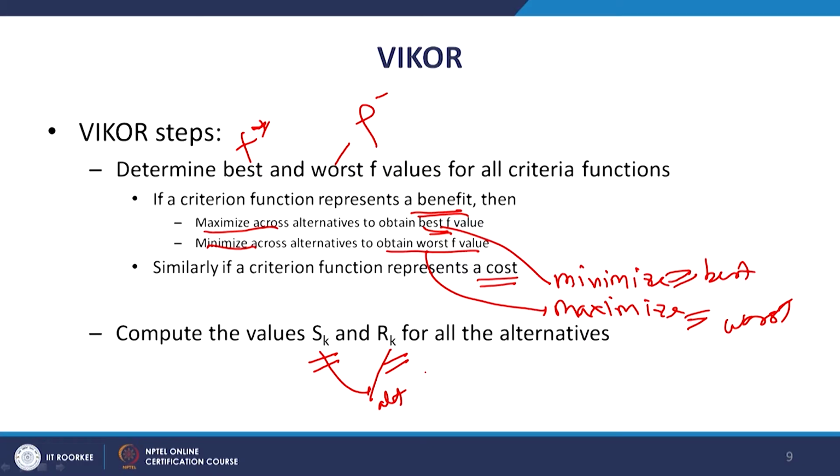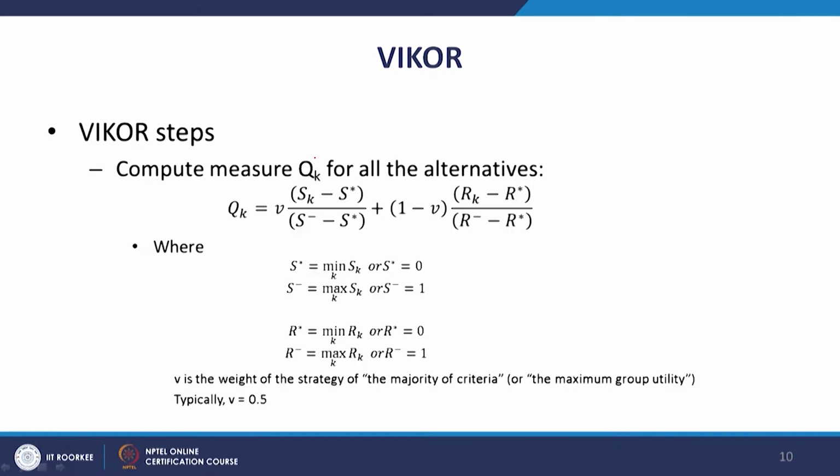Once this is done, in the next step we talk about our measure Qk. This is the measure that is actually used to obtain the ranking in VIKOR. This measure is to be computed for all the alternatives, just like Sk and Rk.